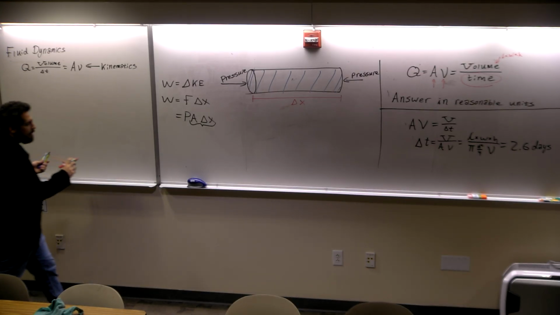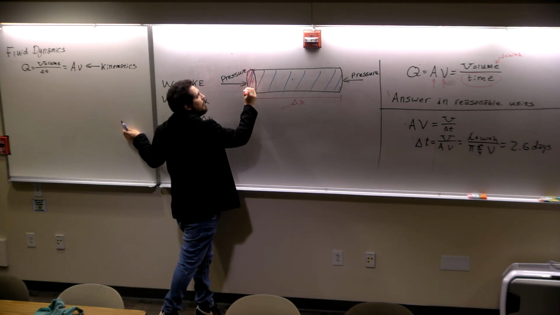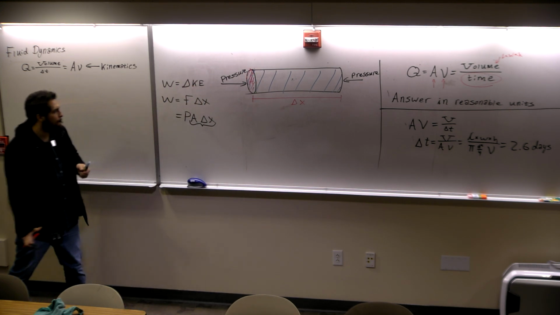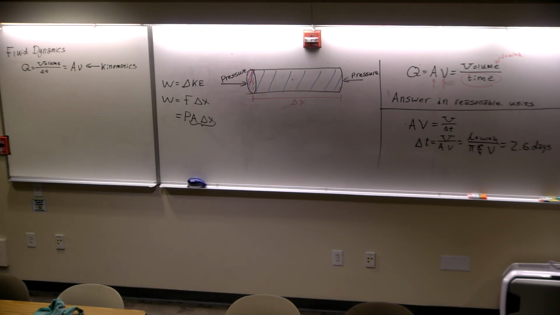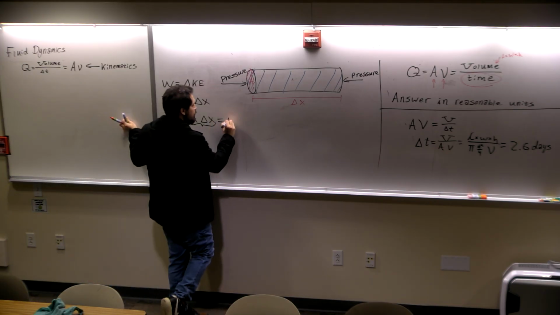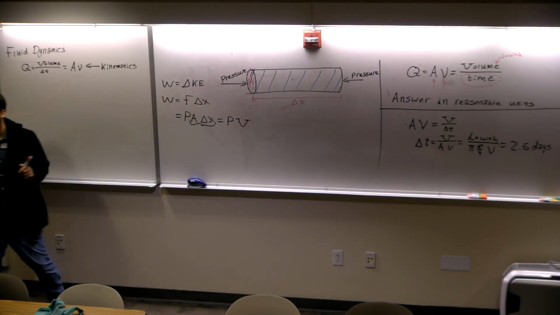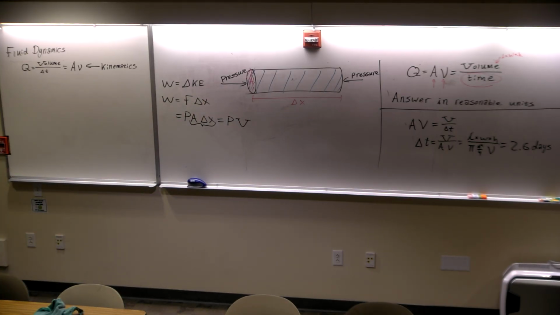The area is the cross-sectional area of our pipe, meaning when we take that area and multiply it by delta x, what does that tell us? Volume. It tells you the volume. So instead what we can actually write this as is pressure times volume. Yes? All right.